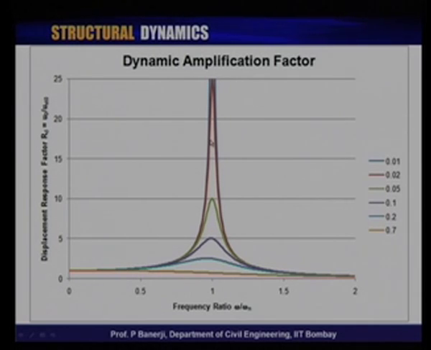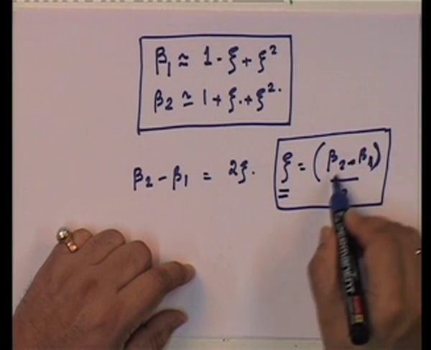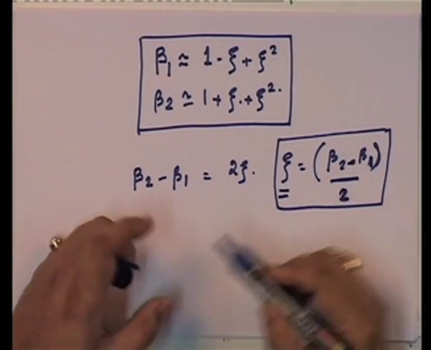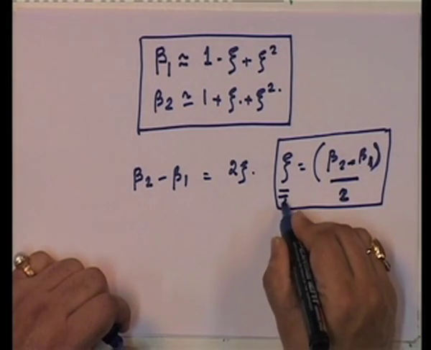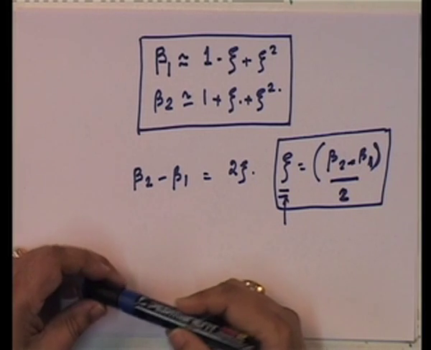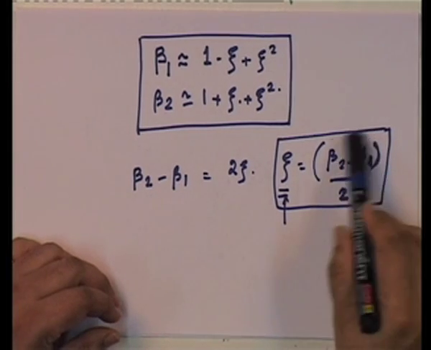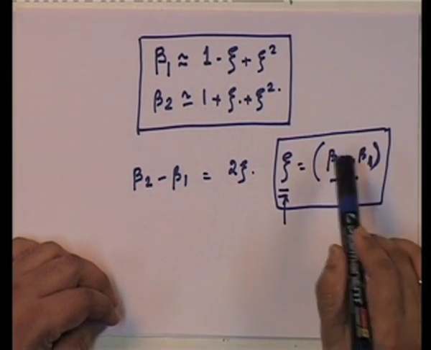In other words, the point that I am trying to make is that the estimation of xi from bandwidth becomes much more stable, and the error in xi from the half power bandwidth method is small.